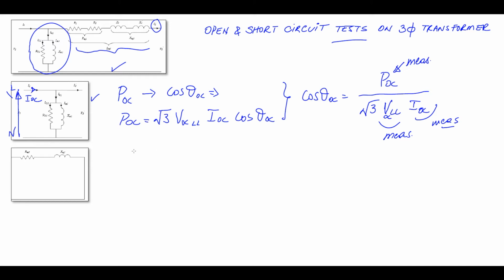Applying Ohm's law, which is V equals R I. For our case here, V line to neutral across the resistor will be equal to R core, C for core, times the current circulating in that resistor, which is IC, the I for the core.